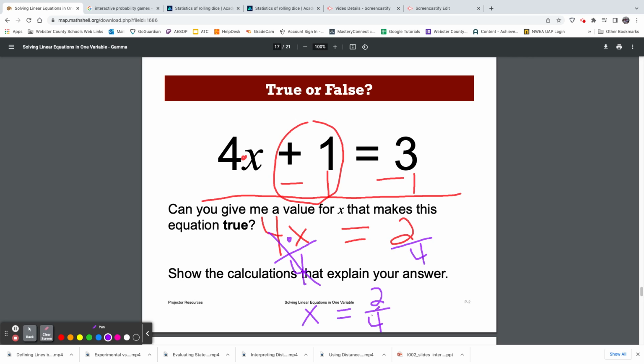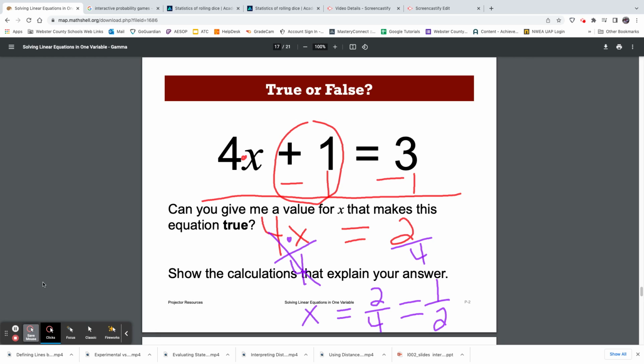And that's really hard to guess and check, which is why we teach you how to solve it directly. So in this case, 1/2 works. If you take half of 4, that gives you 2, and 2 plus 1 makes 3. That's the only number that would make that equation be perfectly balanced.